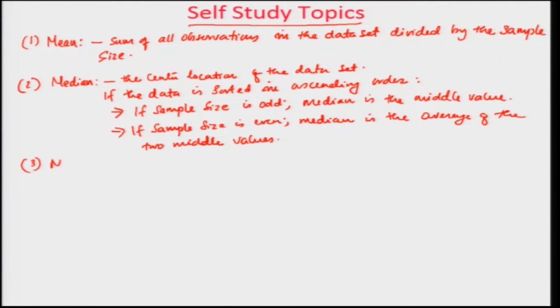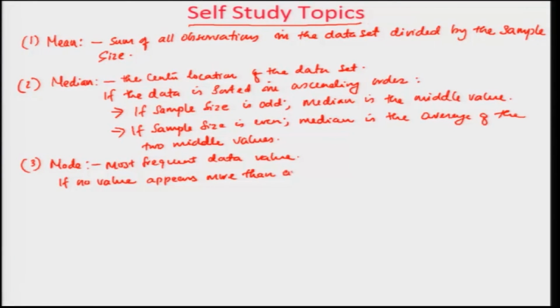Third you need to study is mode. Okay. Mode in a simple sense is the most frequent data value. If no value appears more than any other, then there may be no mode.